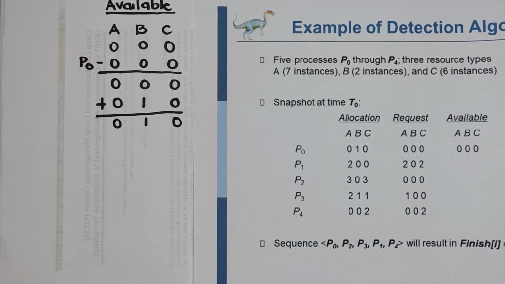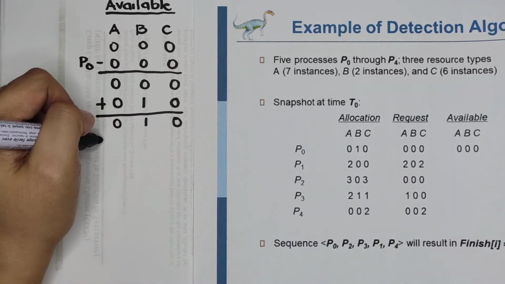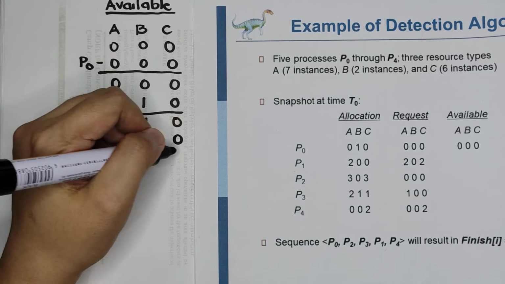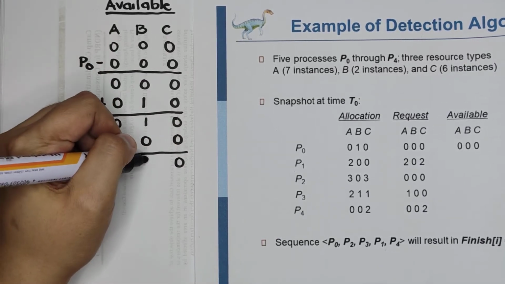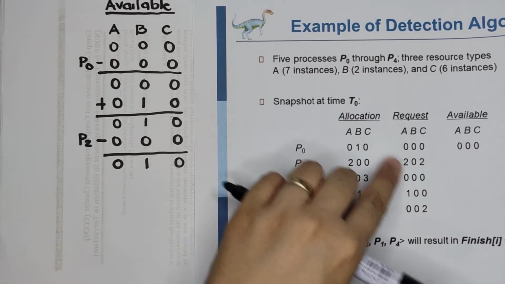Next we have P sub 2. The request is also, it does not need any request. So 0 minus 0 is 0, 1 minus 0 is 1, 0 minus 0 is 0. Next we're going to return all the allocated resources of P sub 2, which is request plus allocation.